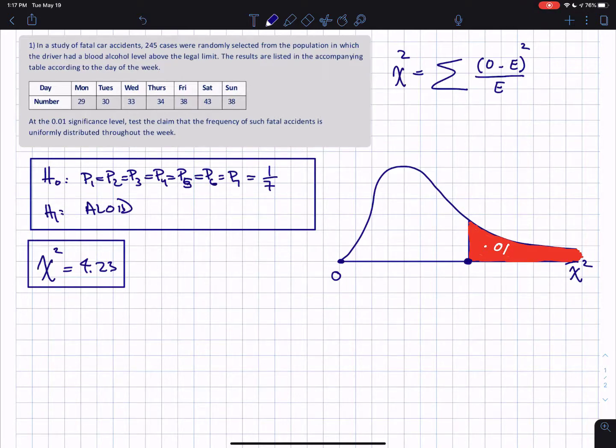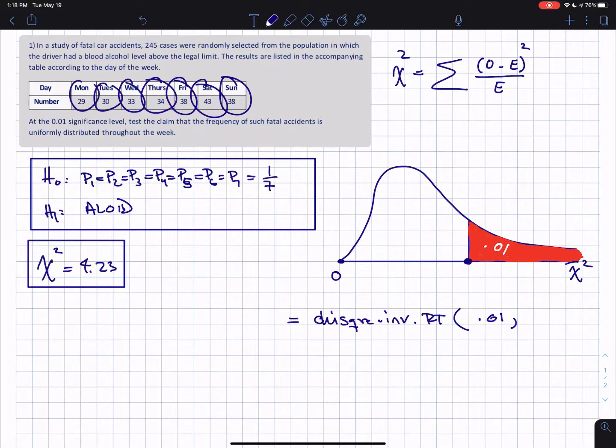So therefore, I need to use the CHISQ.INV.RT command, chi-square inverse right tail. Here you put the probability, the alpha value, which is in this case 0.01. And your degrees of freedom is k minus 1, categories minus 1. Since there are 7 categories of data here, degrees of freedom will be that minus 1, so your degrees of freedom will be 6.